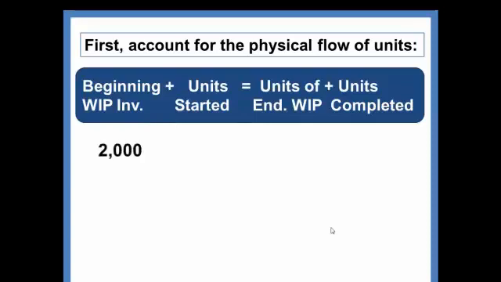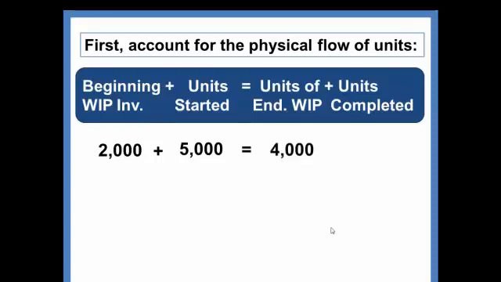So we had 2,000 units in beginning work in process inventory. Notice that we're not considering the percentage completion. In this formula, we are just looking at the whole units. We started with 2,000 and we began working on 5,000 more.